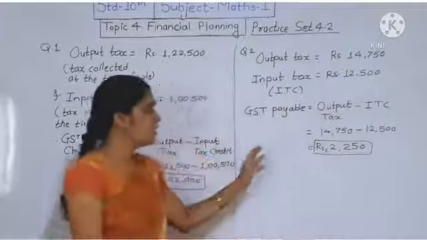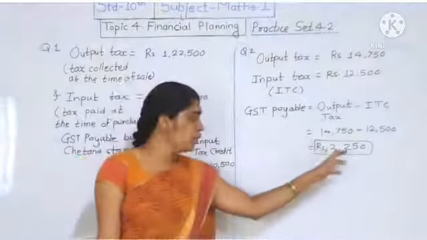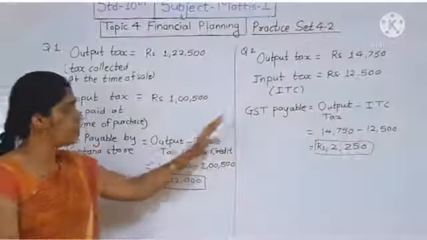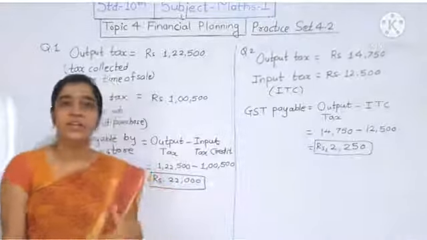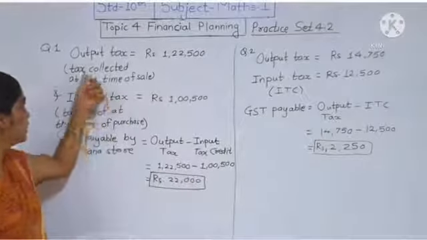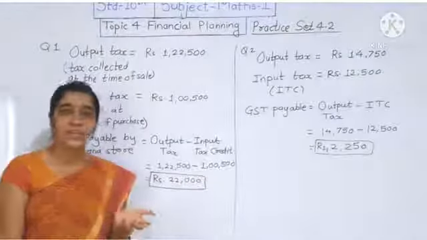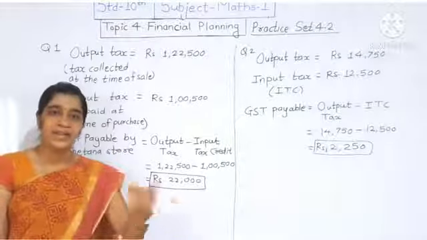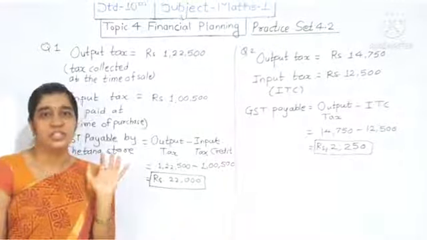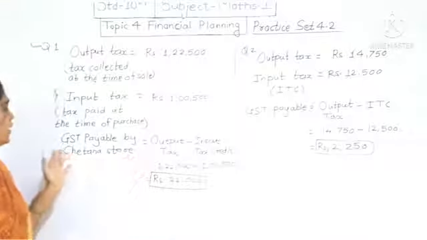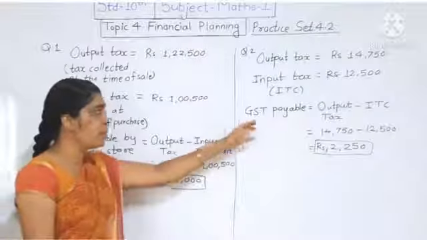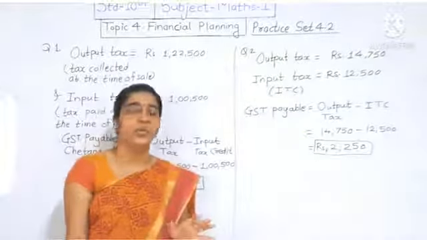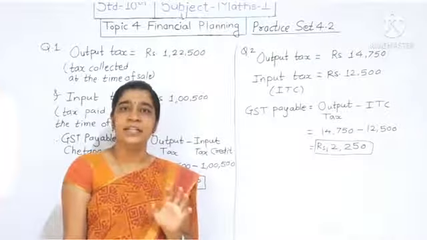Therefore, GST payable by Nazama is 2,250 rupees. So in both the examples, we were given output tax, that is the tax collected at the time of sale, and input tax, the tax paid at the time of purchase. We call it input tax credit. Then what is the formula for GST payable? Output tax minus input tax credit. We denote input tax credit by ITC.